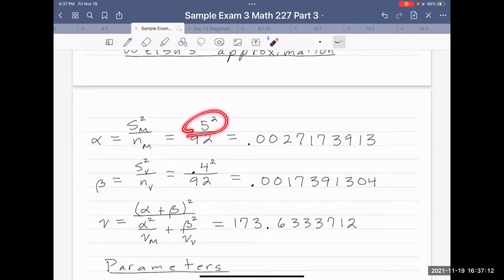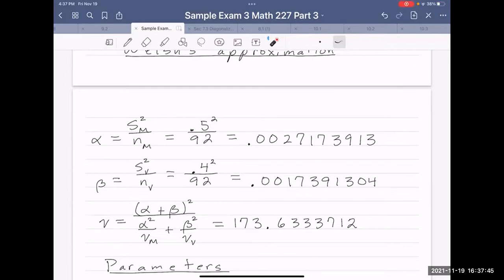So 0.5 squared divided by 92, 0.0027173913. Beta, the sample variance for Virginia, 0.4 squared divided by the sample size for Virginia, 92, 0.0017391304.